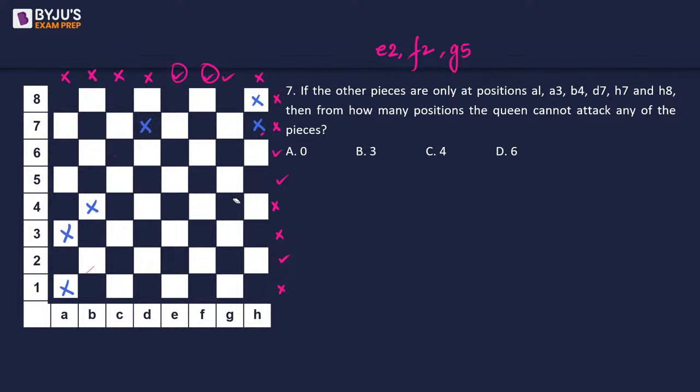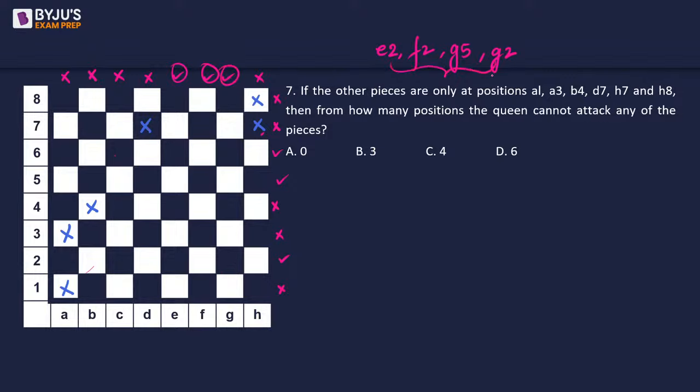Next, if we move queen to the last position, which is here, so again, G2 पे भी, if we place queen, what we will find is queen will not be attacking any of the pieces, right? So we are done with this particular column as well.